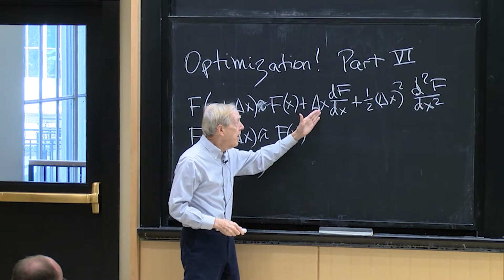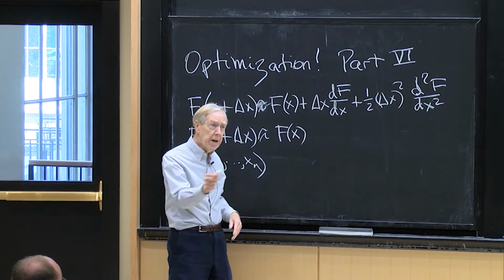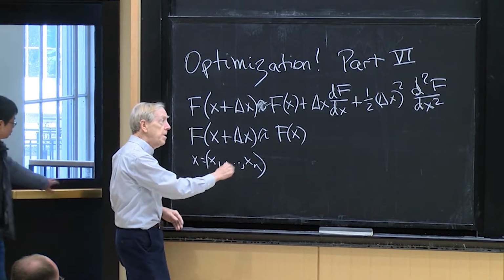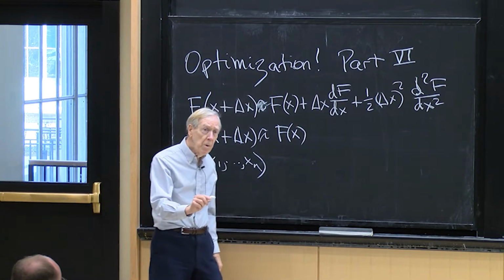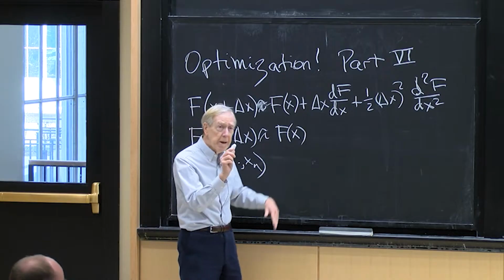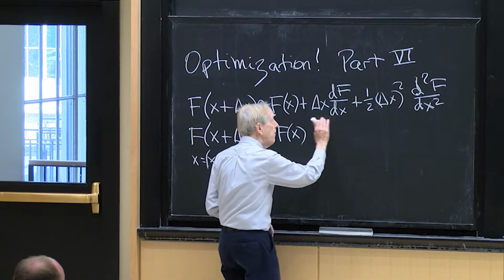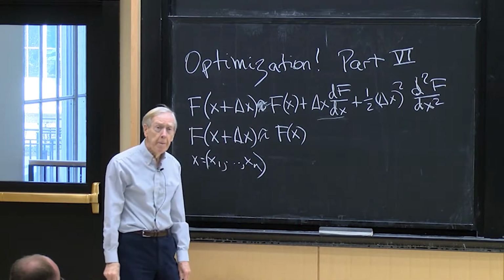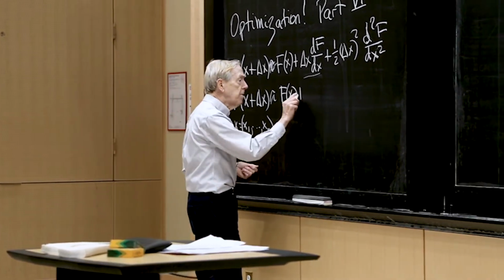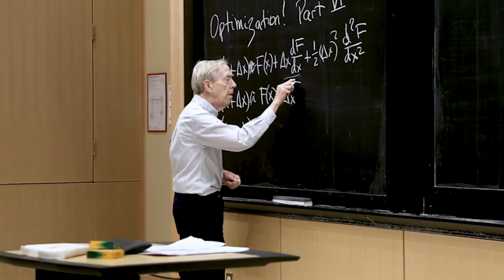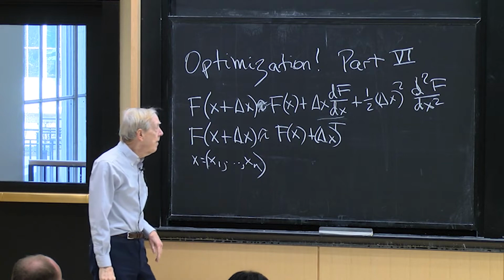Now what do I have? Delta x. What's the point about delta x now? It's a vector, delta x1 to delta xn. And what about the derivative of f? It's a vector too. The derivative of f with respect to x1, the derivative of f with respect to x2, and so on. What do I have to change about that? Now those guys are vectors, so it's their dot product. So it's delta x transpose, that vector, times this df dx.